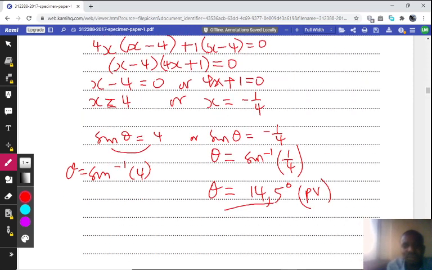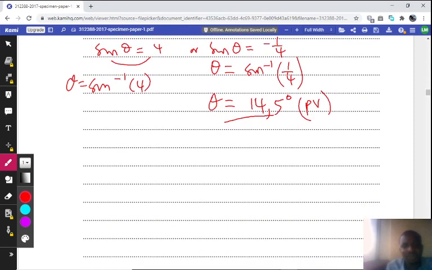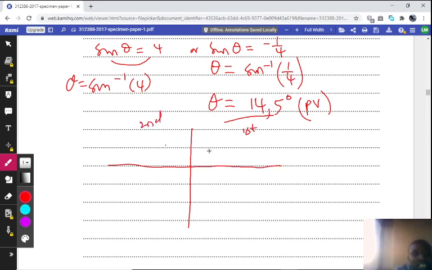Let's move on. Now, in which quadrants is sine theta negative? You have 4 quadrants here: the first, second, third, and the fourth quadrant.